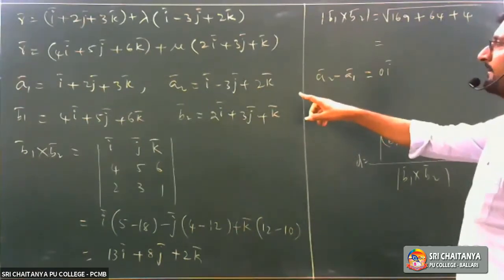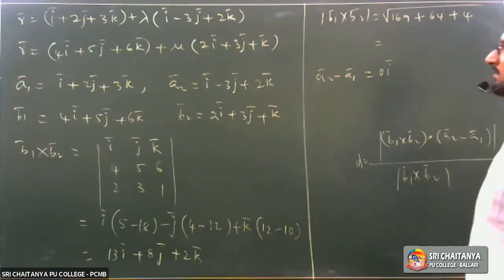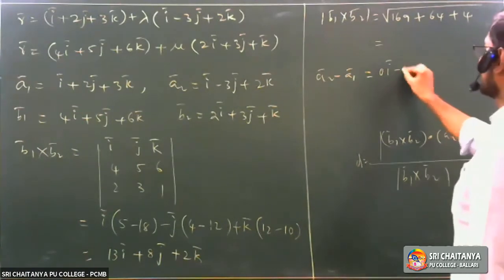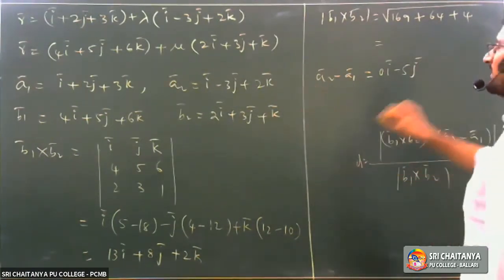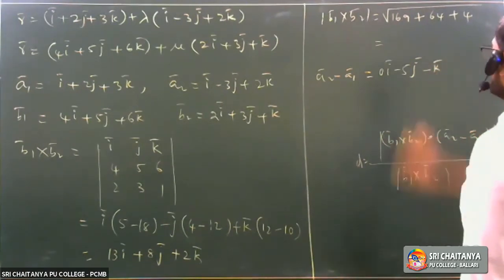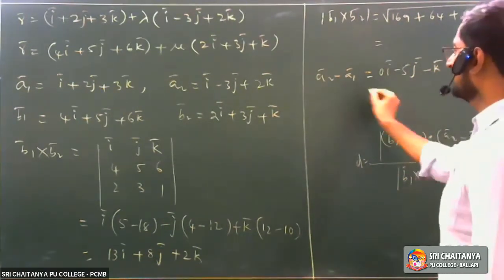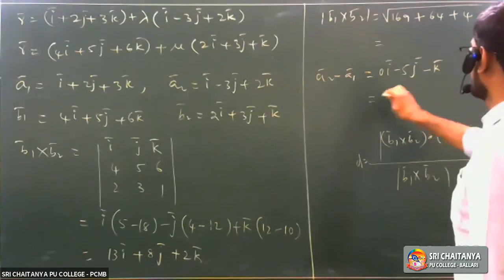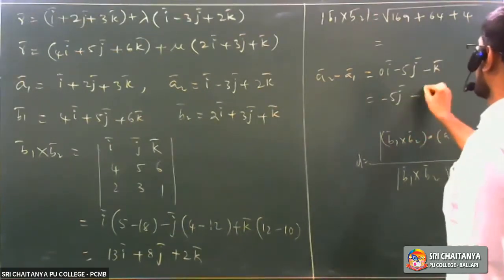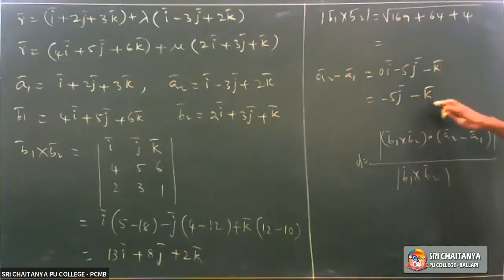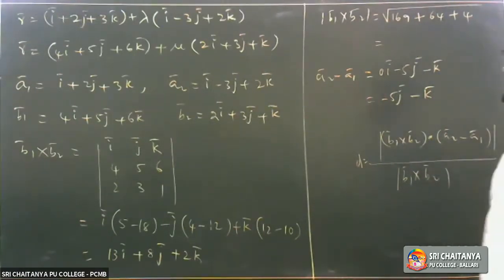Minus 3 minus 2, which is equal to minus 5 j bar. 2 minus 3, it is minus k, right? Simplifying this and substituting this value, there is no need to simplify after that, means 5j minus k. Now, apply this value here, you are going to get the answer. Copy this one.